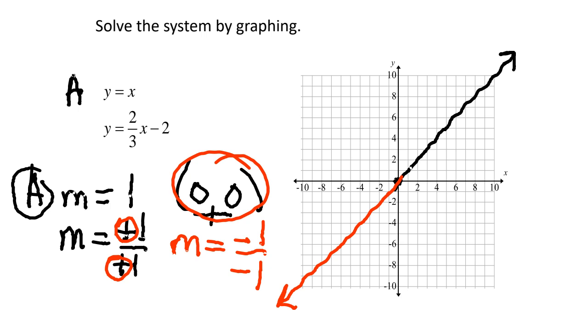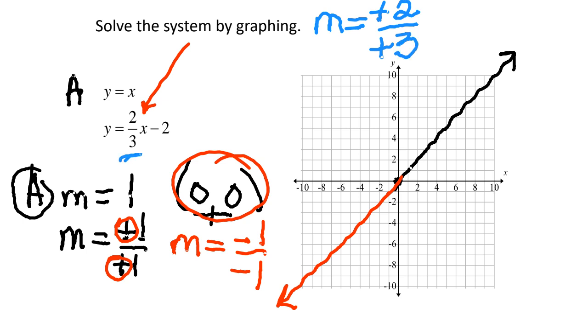Now, this one. Okay, my slope is going to be a positive 2 over positive 3. That's what this fraction is saying.